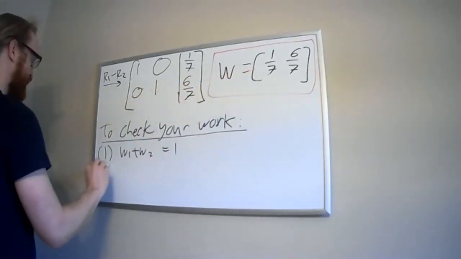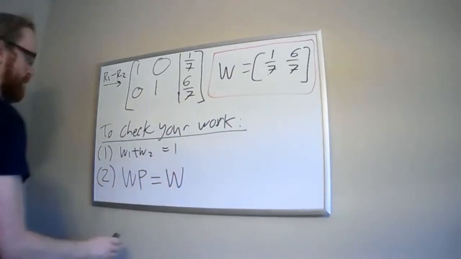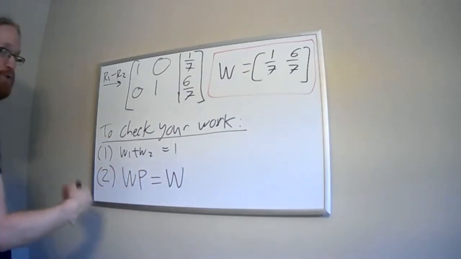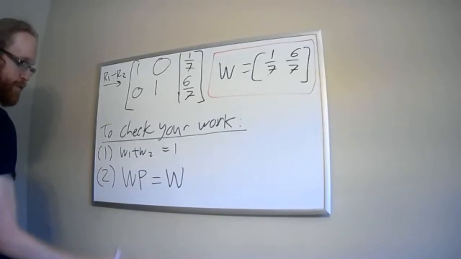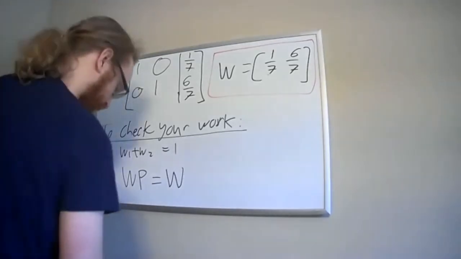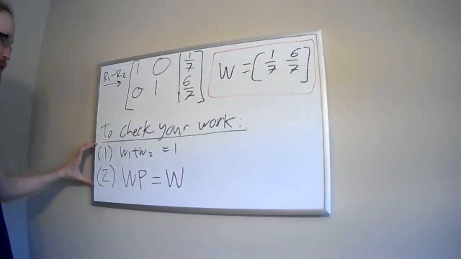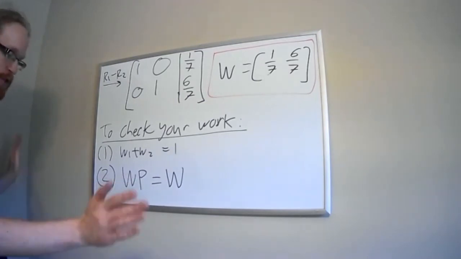The other thing to check is that WP actually equals W. You might go ahead and do this multiplication, W times P, to make sure that you really just get W. If you get something else, then you've made a mistake somewhere and you need to go back and check your work. So these are good quick checks to make sure that you did everything right.